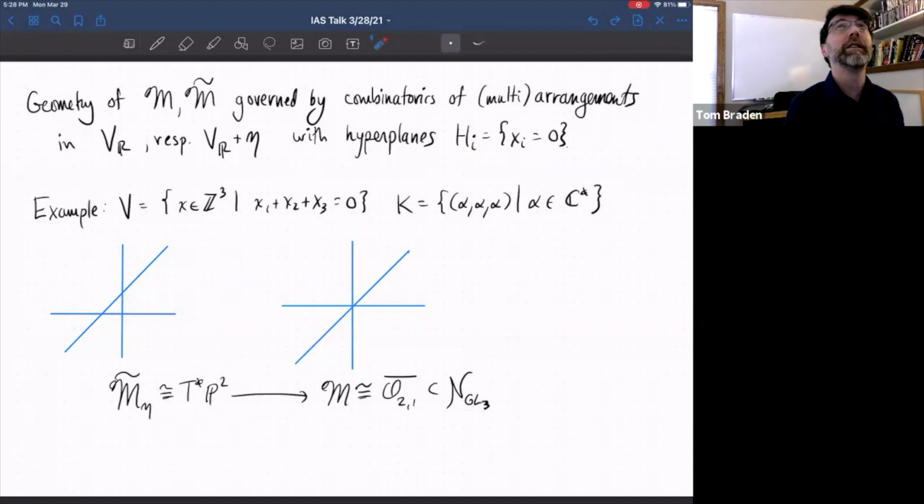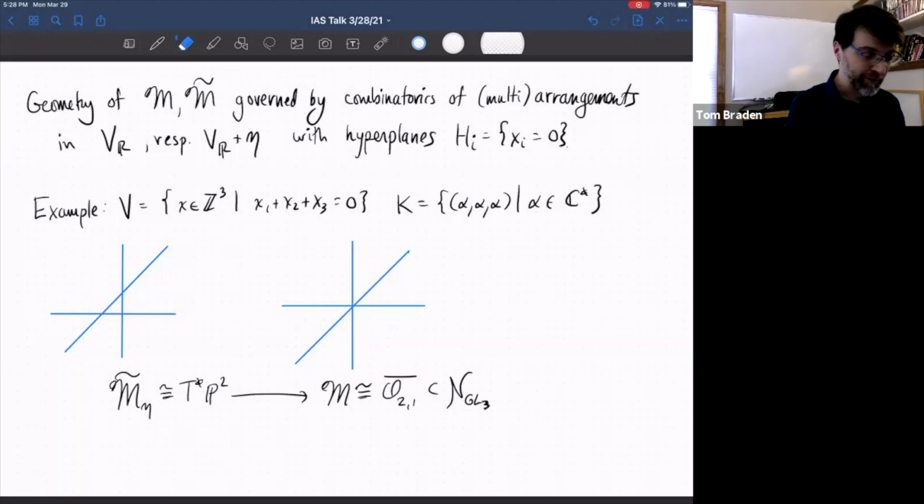Sorry, I wrote this too quickly. I need the cotangent bundle of... sorry, this is right, because K... I dualized twice, sorry, I should have trusted myself. So the point is VR is the dual of the Lie algebra of the torus that's acting.